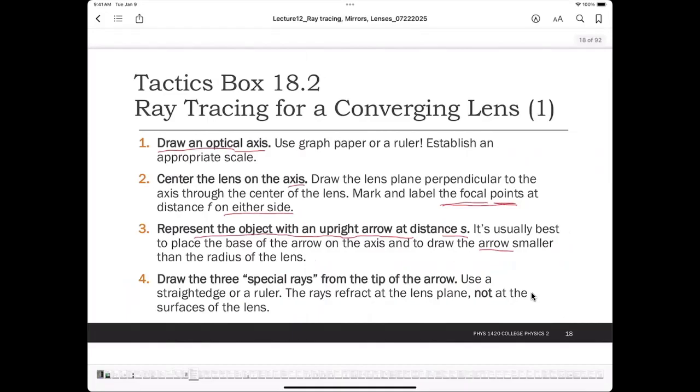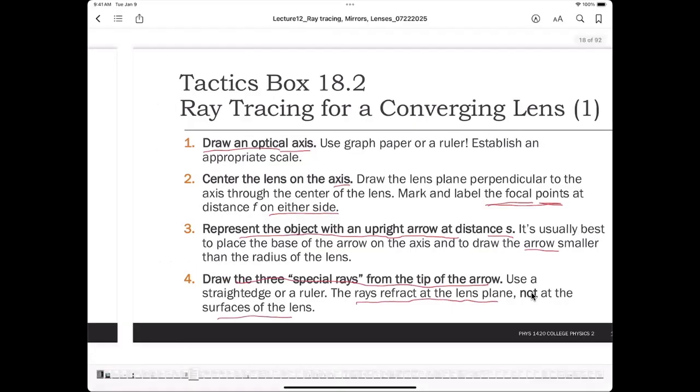Step four: draw the three special rays from the tip of the arrow. Actually, there are many rays, but you just need to draw the three special rays from the tip of the arrow. Use a straight edge or a ruler. The rays refract at the lens plane, not at the surface of the lens.